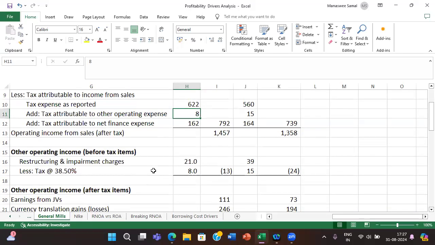General Mills has gone ahead with some kind of business restructuring. Business restructuring is not a conventional day-to-day operating expense. So this expense is a bit unusual, non-recurring in nature.